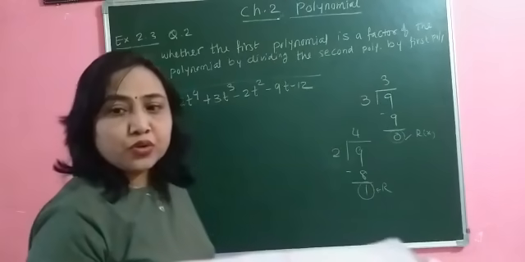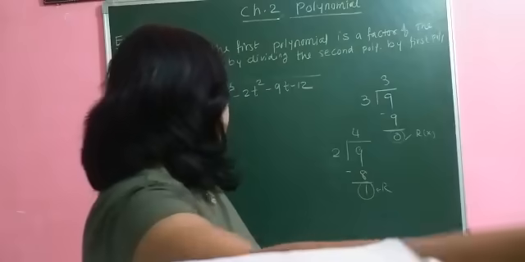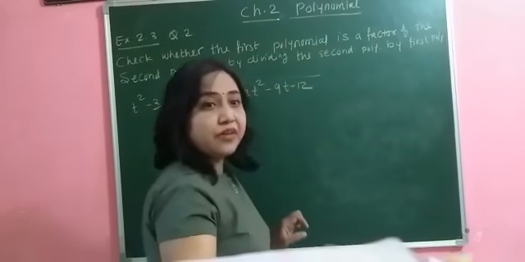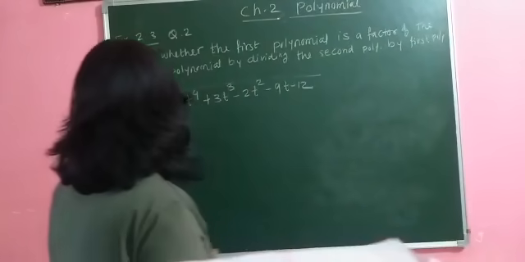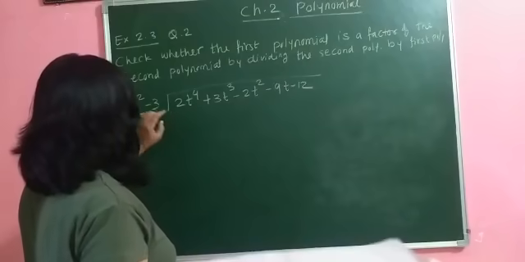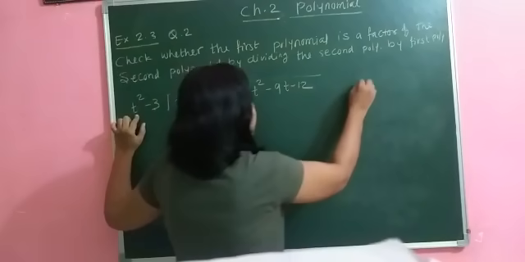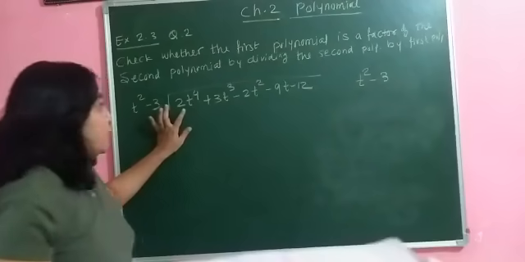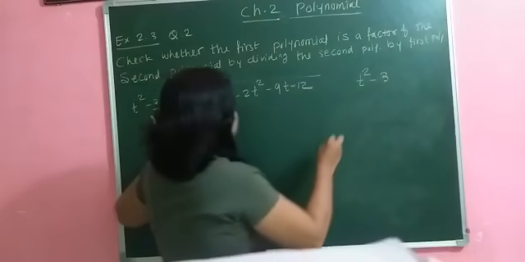Now you know how to divide. Division you know. In the previous lecture we have seen how to divide. So here we are dividing. See, there are 3 steps, again I am repeating. What do we have? t square minus 3. And what do we want? 2t raised to 4.